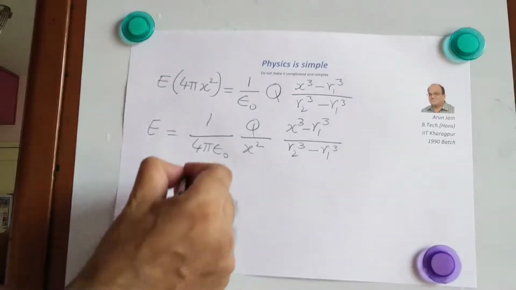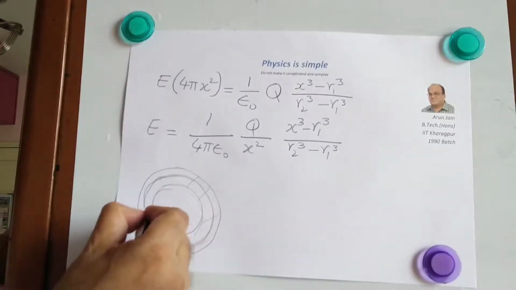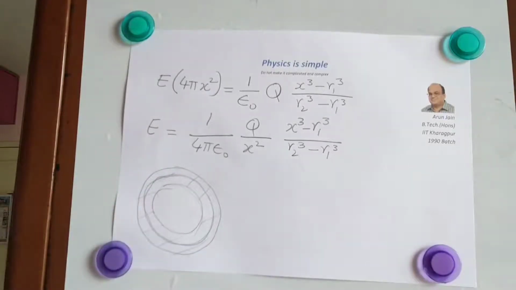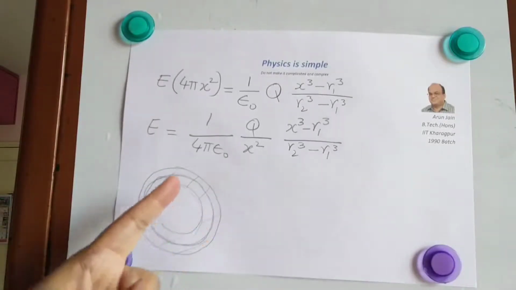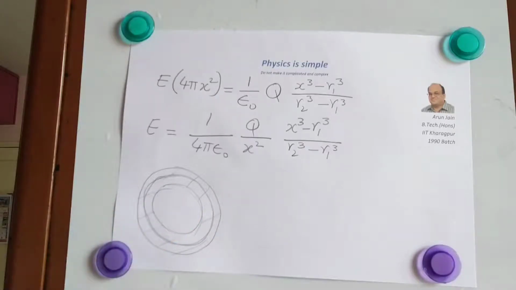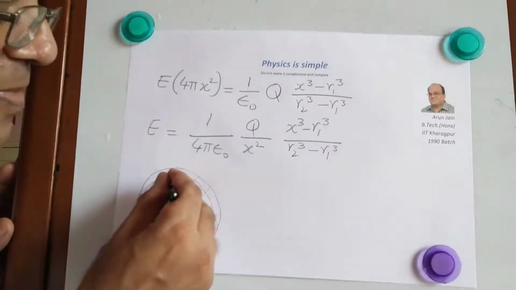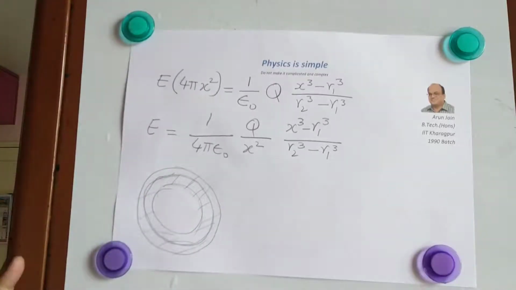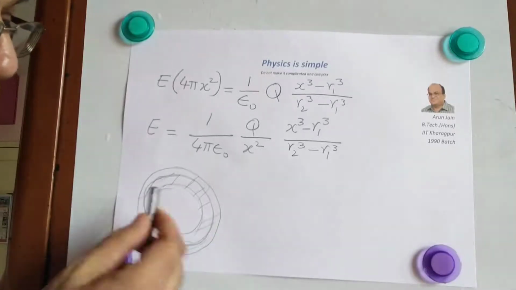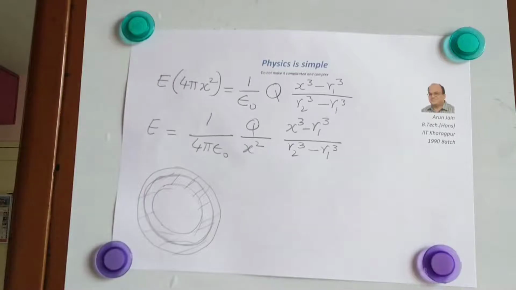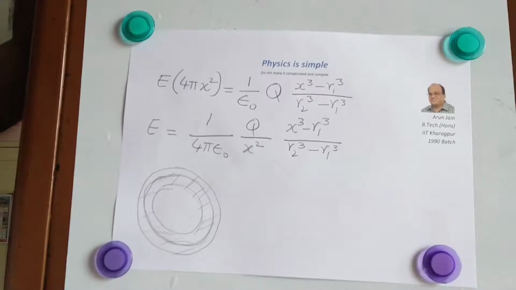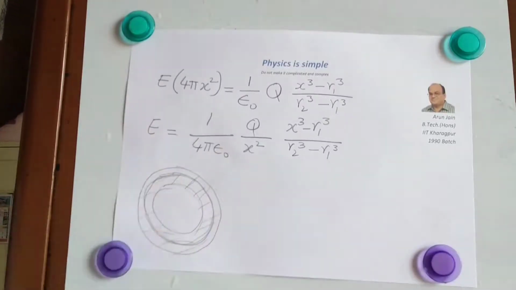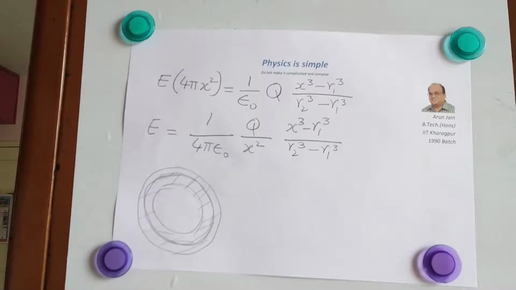We knew the total charge in this material is Q. So we found the volume of this material by 4 by 3 pi r2 cube minus 4 by 3 pi r1 cube, and then we found the material inside the Gaussian surface, 4 by 3 pi x cube minus 4 by 3 pi r1 cube. We found the charge enclosed. According to Gauss law, E into A is Q enclosed by epsilon naught. Okay, all the symmetry arguments are valid. A here became area of the Gaussian surface, 4 pi x square, and we got this electric field.